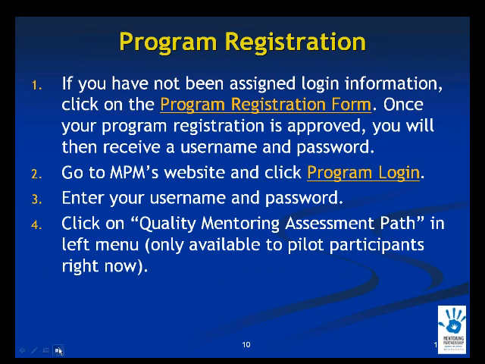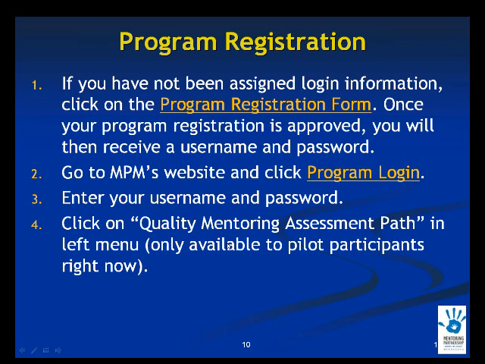The first thing that people need to do, and this is something that we have on this slide here, but I'm also going to show you, is that in order to get to the QMAP, you need to register your program. A lot of our Minnesota programs have already gone through this process and registered their programs, and then they're approved and receive a username and a password.